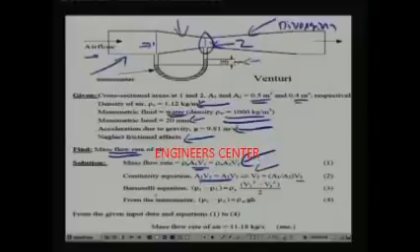Now, let us apply the Bernoulli equation. If you are applying the Bernoulli equation, you can write it in a slightly different form. The change in datum head is 0.